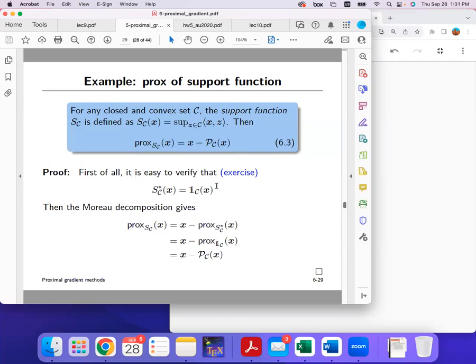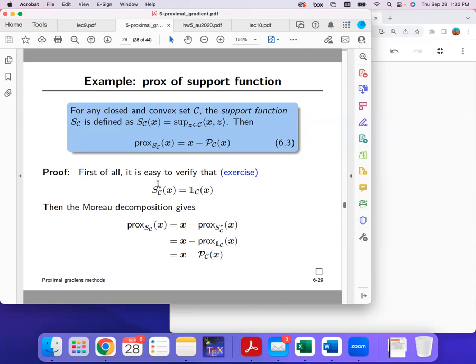First of all, we can show that the conjugate to this function is the indicator function. Okay, so let's first accept this statement.